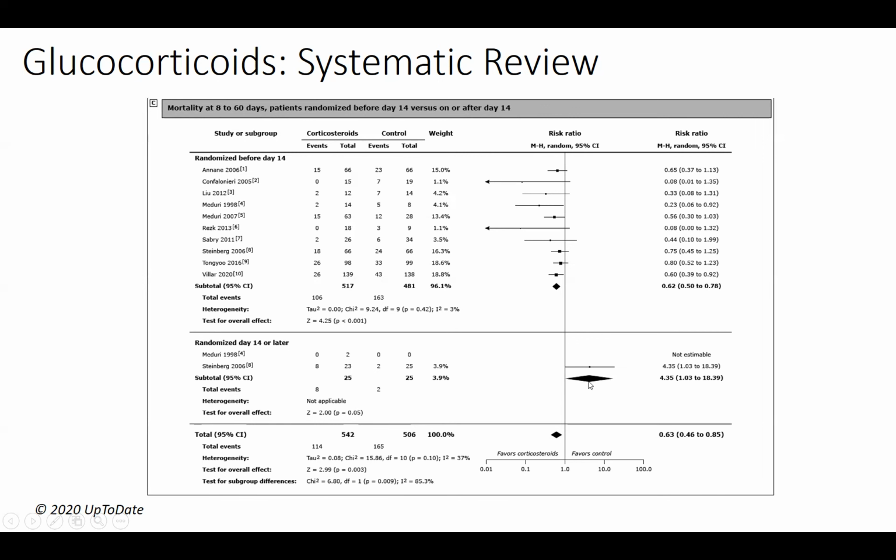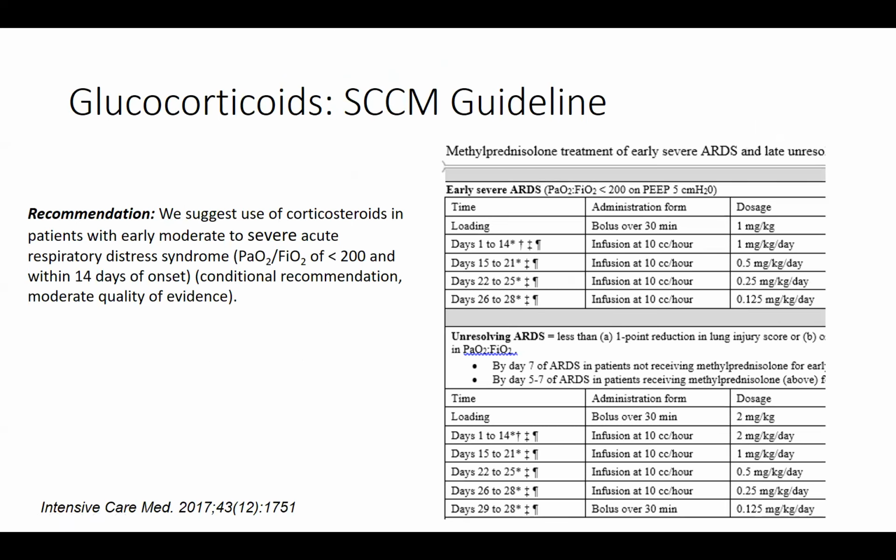So in general, these are SCCM guidelines, which suggest use of corticosteroids in patients with early, moderate to severe ARDS, defined as PF ratio of less than 200, within 14 days of onset. It's a conditional recommendation, moderate quality of evidence. And this is a suggested treatment protocol.